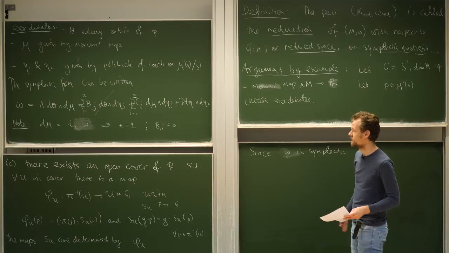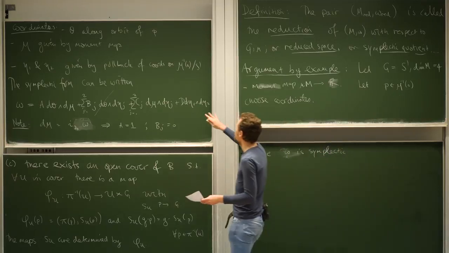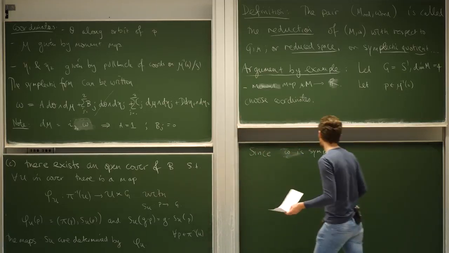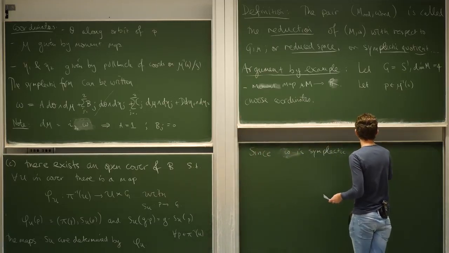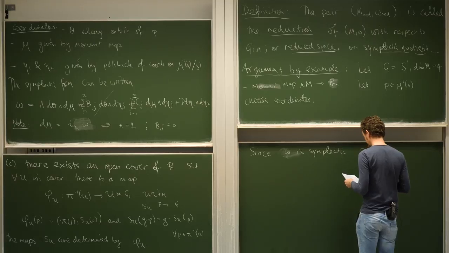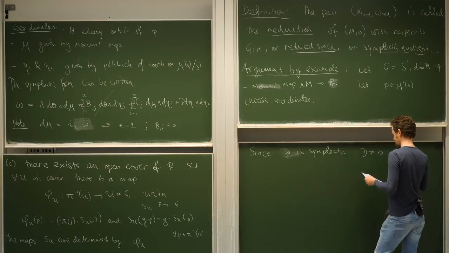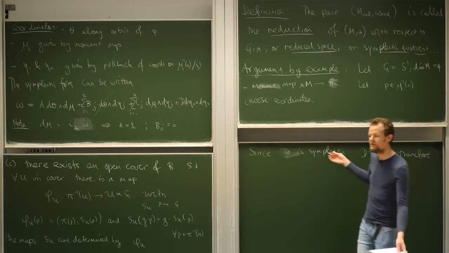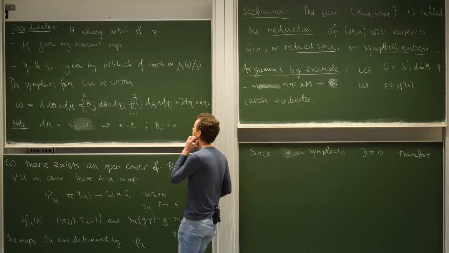So again, we use the fact that omega is symplectic, and that just forces D to be non-zero. Now that we've eliminated the B's, we have no choice. D has to be non-zero in order for this to be a symplectic 2-form. But that's what we really needed to infer that this is a pullback.